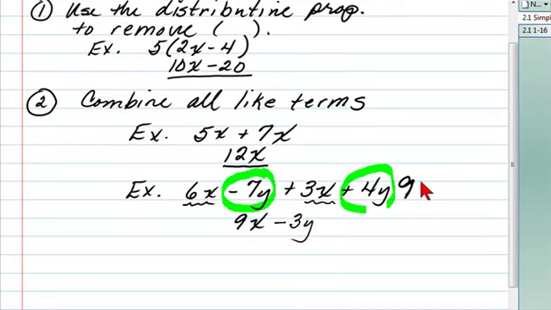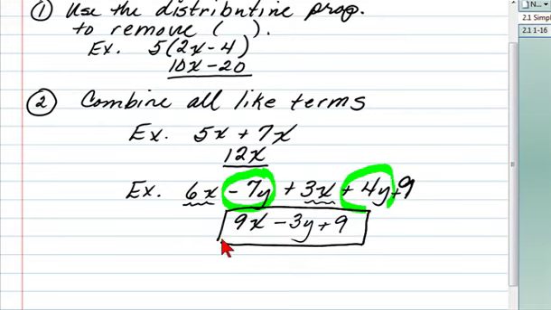And then how about this poor little plus 9, which I didn't even write its sign down when I wrote it. Okay, I just keep it for plus 9. I have simplified all I can because those are now no longer like terms. Is that okay?